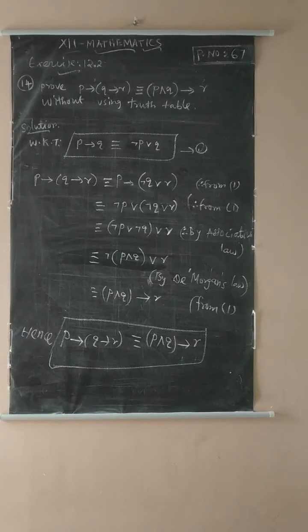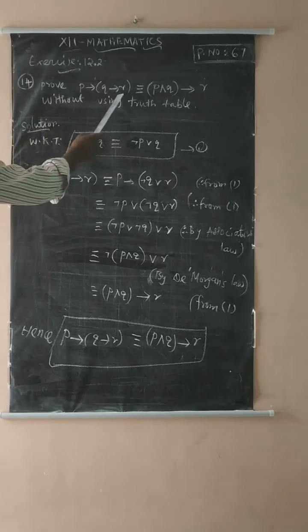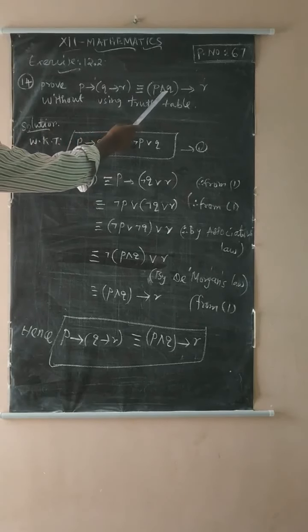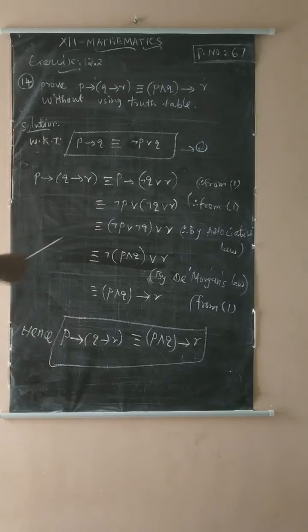Now see exercise 12.2, 14th question. Prove that P conditional to the brace Q conditional R is equivalent to P and Q conditional to R, without using a truth table. You must prove the equivalence without using a truth table. Solution.